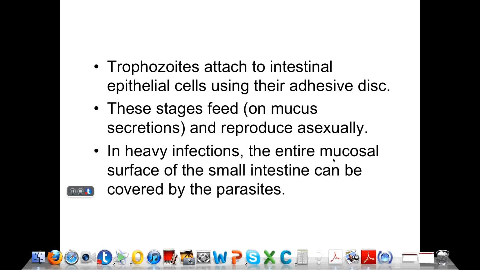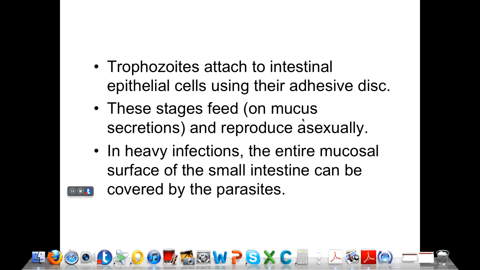As I said, the trophozoites attach to the intestinal cells using that disc. They feed on mucus secretions, and they reproduce asexually within the small intestine. So please note that these organisms are feeding on mucus. They are not invasive.